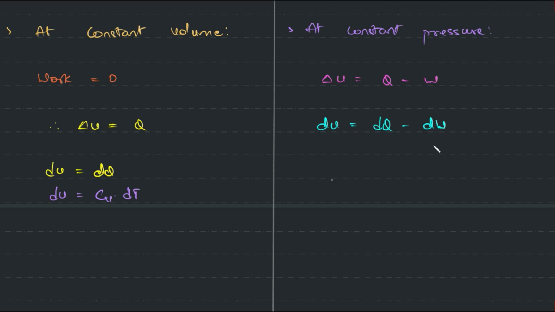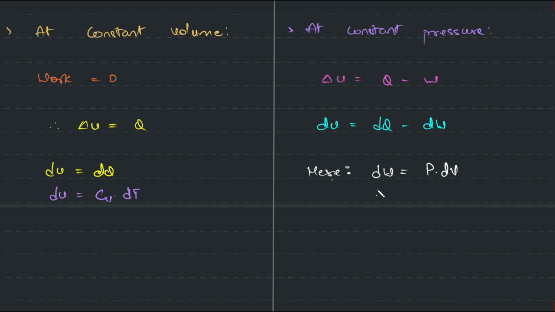Okay, so let's take each term and look at what each is doing. Starting with the work, which is quite simple. Work done at constant pressure is nothing but P into dV. Work is equal to force into displacement, and from that we can derive this.